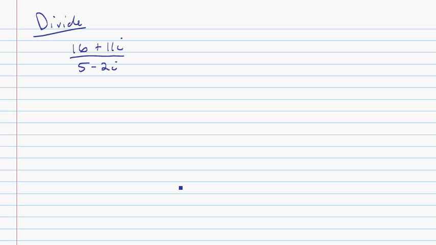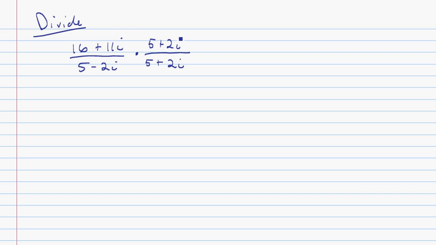You're trying to get rid of the i in the denominator. And so we do a very similar thing to rationalizing. We multiply by a fancy 1. That fancy 1 is going to be the conjugate of the denominator. So the denominator's conjugate would be 5 plus 2i. And so to make this a fancy 1, I need 5 plus 2i on top.